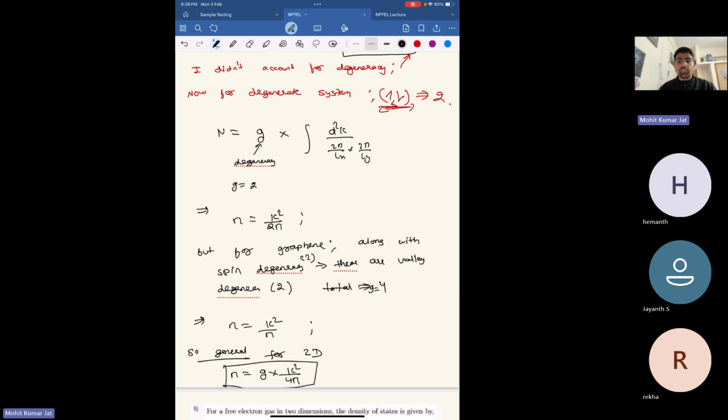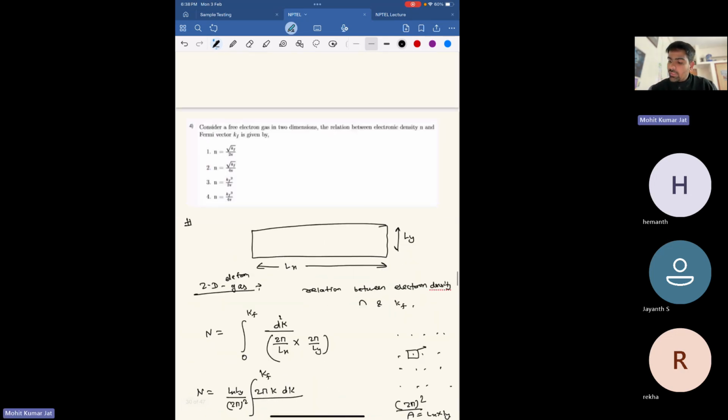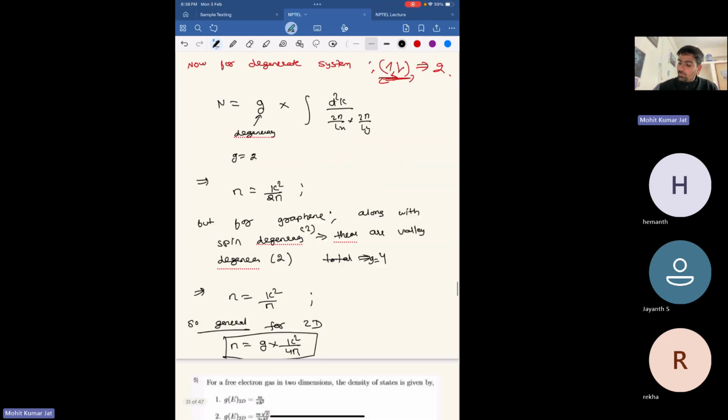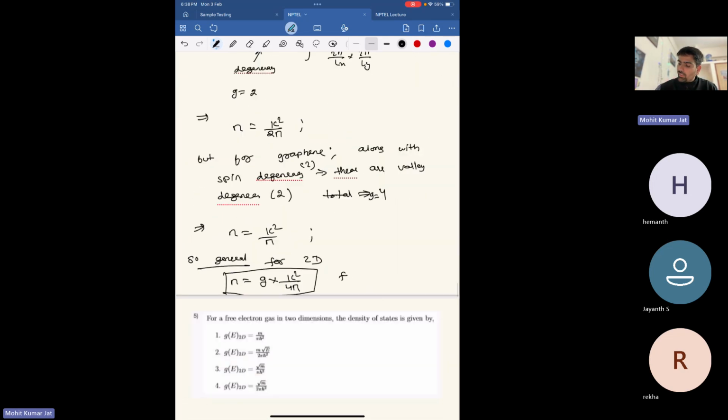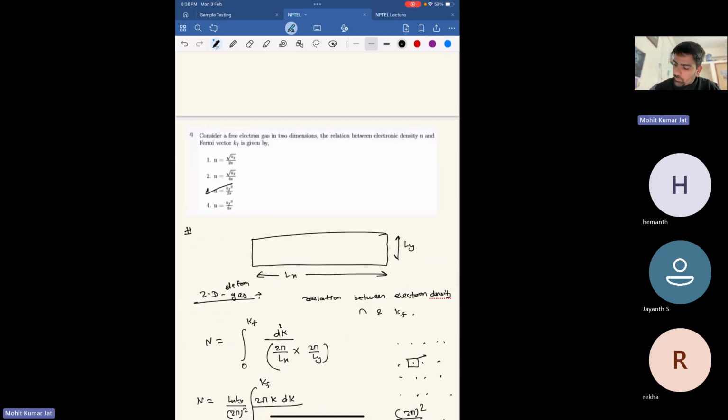And in the question asked, they say that it's a free electron gas in two dimensions. So no valley has been discussed. It's a free electron gas, so electrons have both up and down spin. So g will be 2, and for g equal to 2, the answer will be N equals k² by 2π. So the correct answer will be k² by 2π.